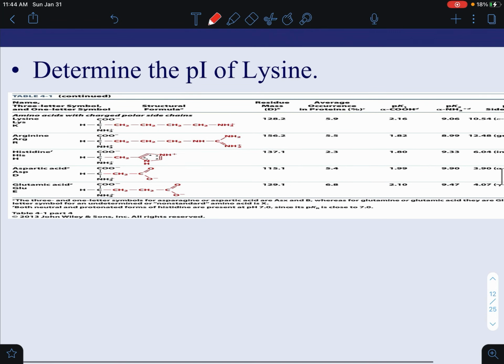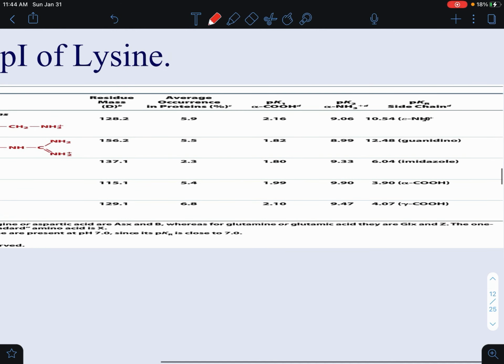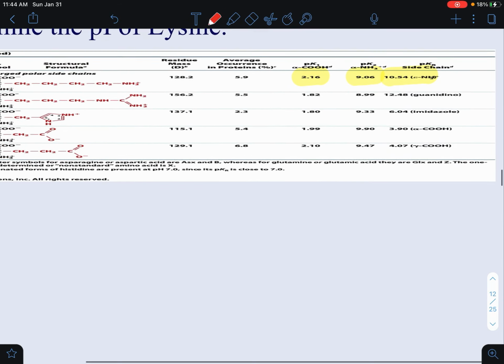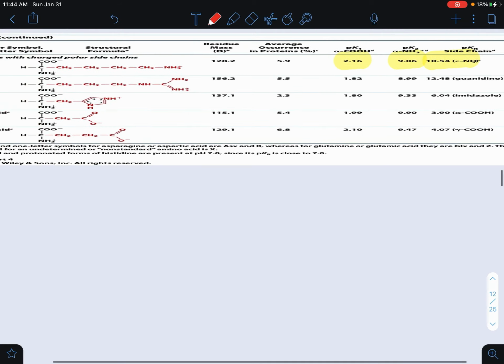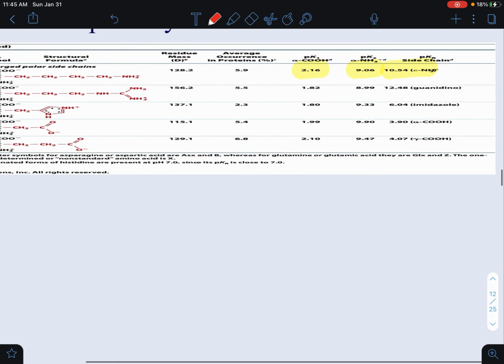So moving forward, let's determine the PI, or the isoelectric point, of lysine. Sorry, this is a horrible image, but over here we have our numbers. These are the values for lysine, and its R group is 10.54. So what do we remember lysine is? Lysine is a basic amino acid. So we are going to be using the pKr as well as the pKa for the amino group.